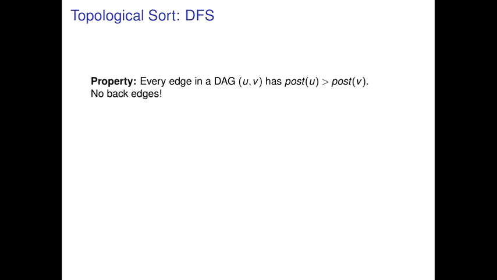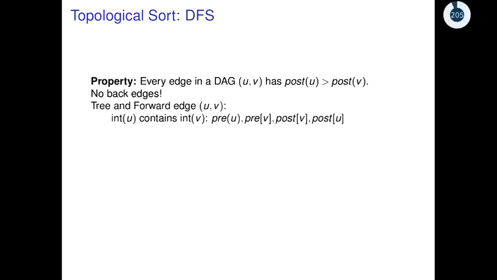For tree and forward edges, the interval of U contains the interval of V, so that tells you you get pre of U, pre of V, post of V, and post of U. So for this arc, post of U is after post of V, which is what the argument says.